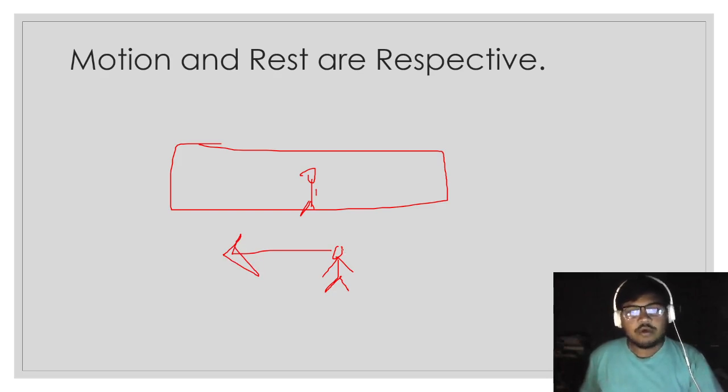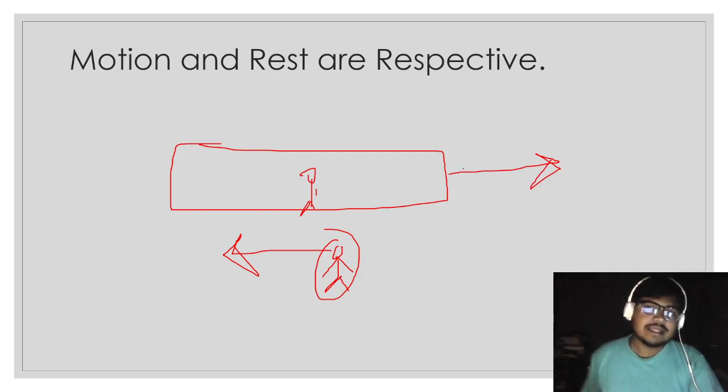But from the perspective of Ram, the person outside the train, he is seeing the whole world is at rest, and the train, specifically the train, including you, is moving in this direction.